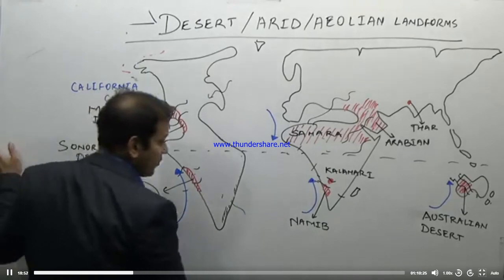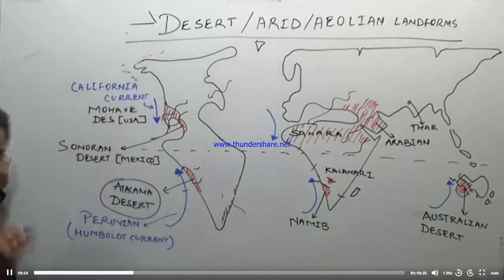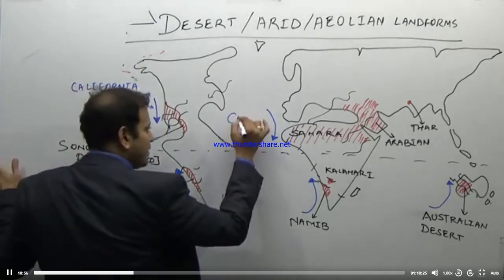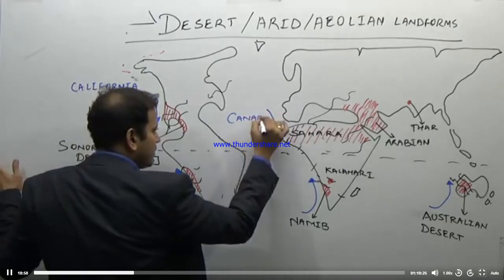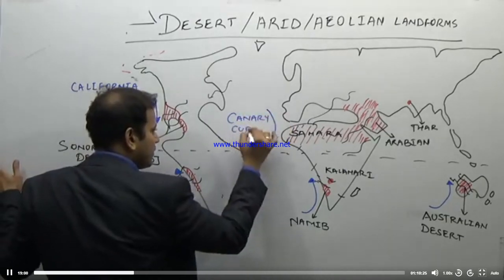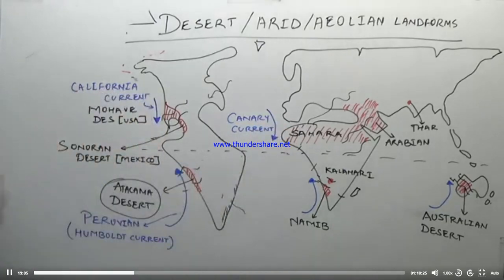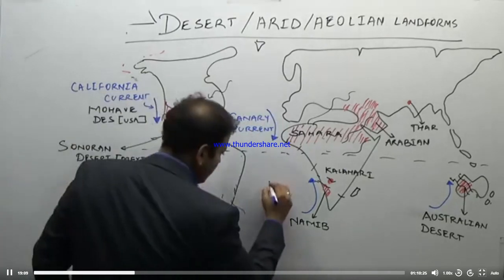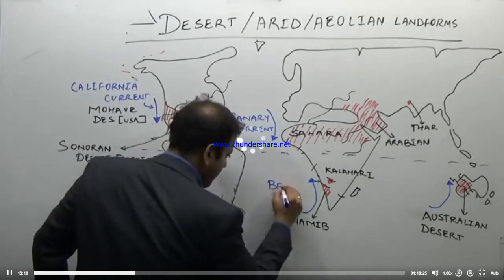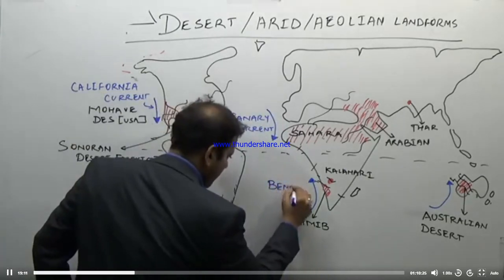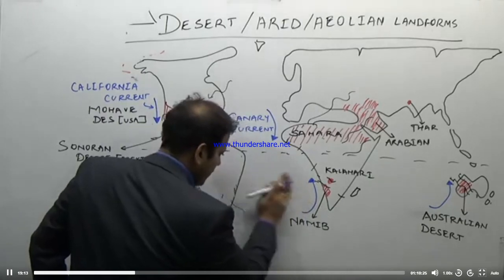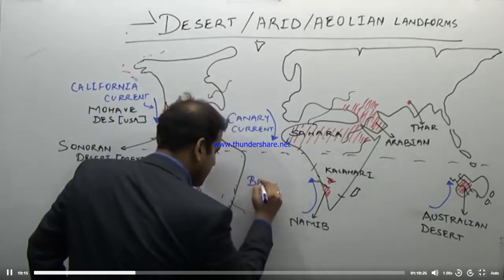The Sahara Desert, obviously you know, is washed by the Canaries current. The Namib Desert is washed by the Venezuela current.